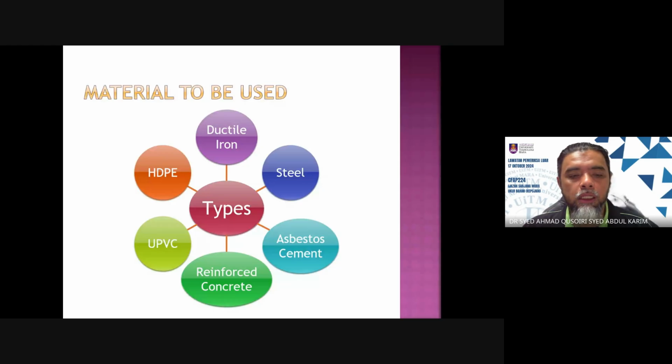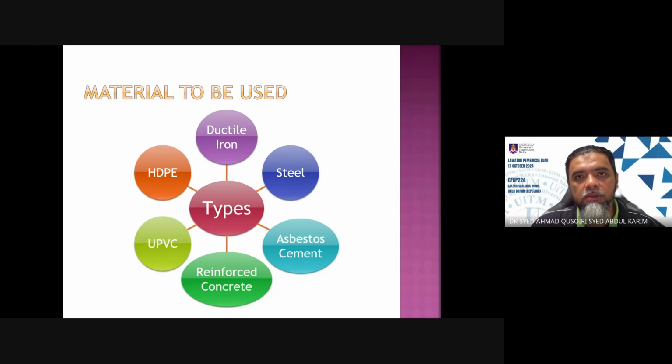So the RC pipe is just made out of concrete, very large diameter, used for main pipes. And for pipes inside buildings and such, we use UPVC pipes.